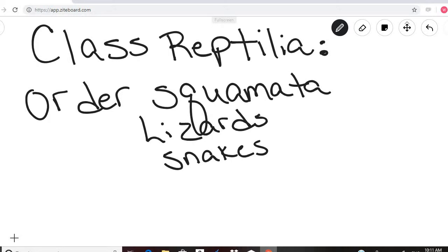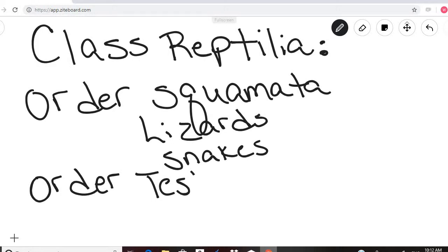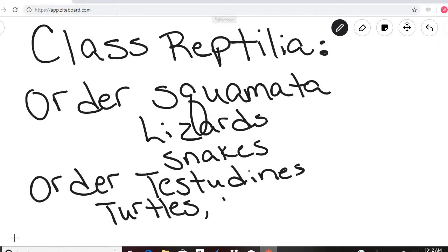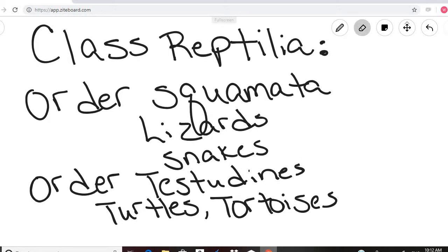Then we will do order Testudines. And this includes turtles and tortoises. And then lastly, we will do order Crocodilia.